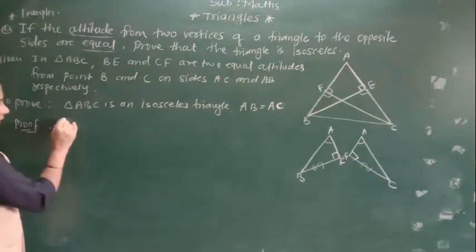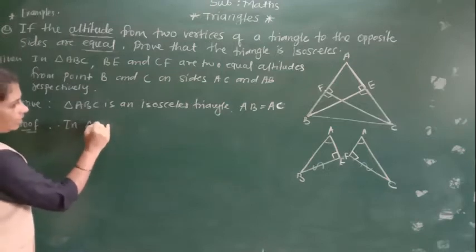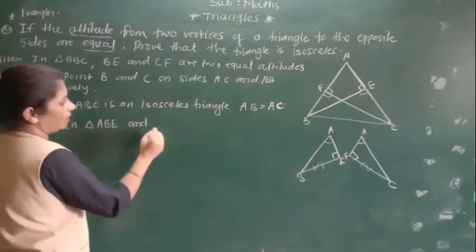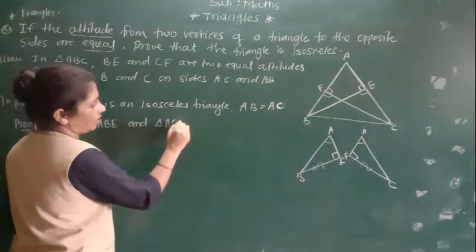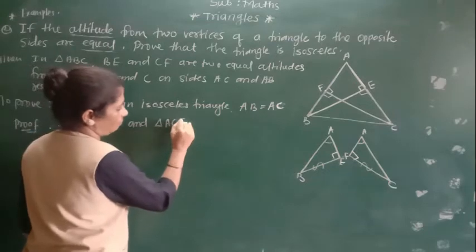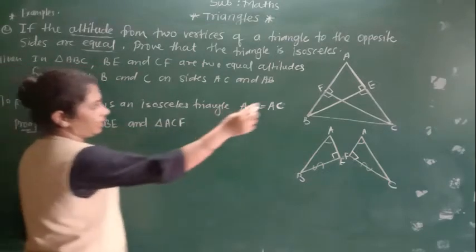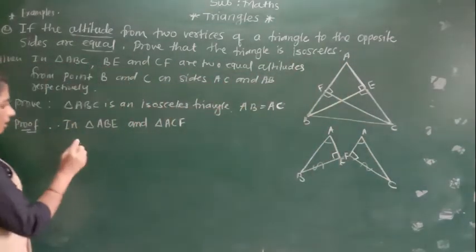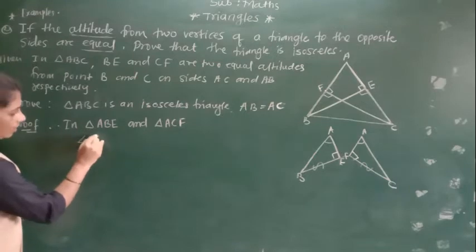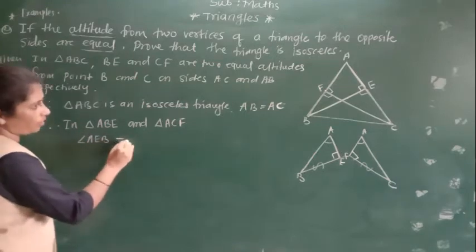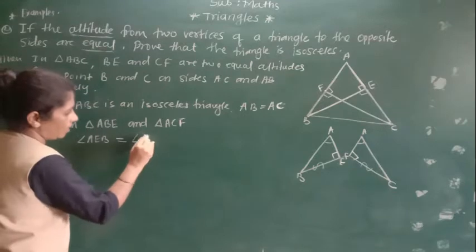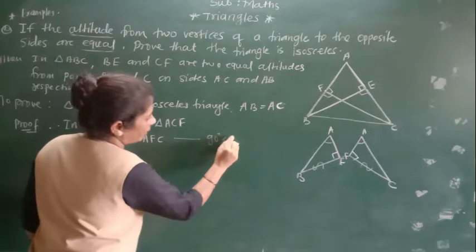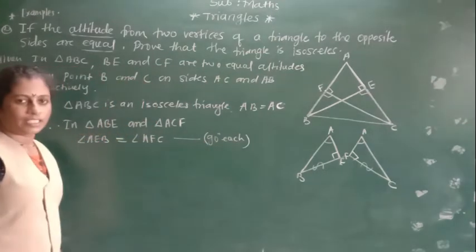Understood? So in triangle ABE and triangle, which triangle? ACF. In triangle ABE and triangle ACF, what is given? Angle AEB equals angle AFC. Here it is 90 degrees each. The reason is what? 90 degrees, right?